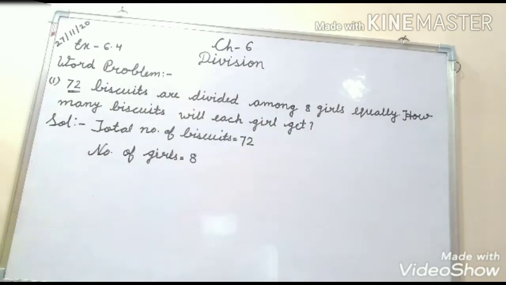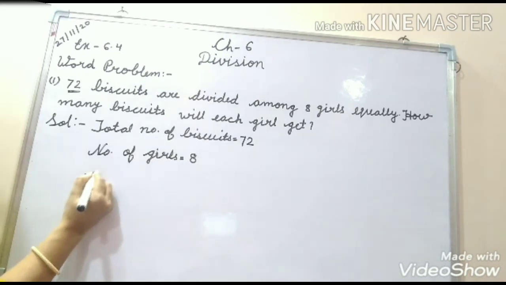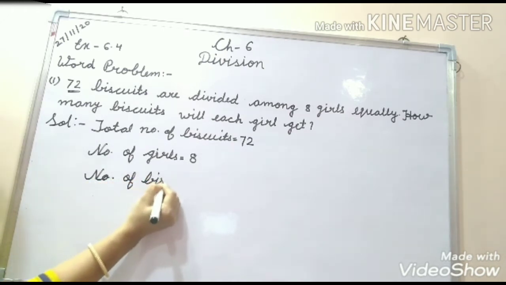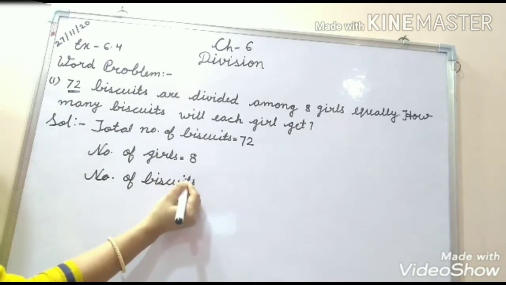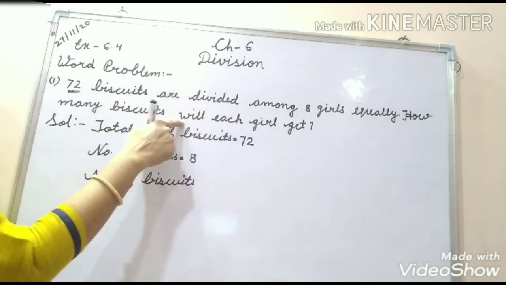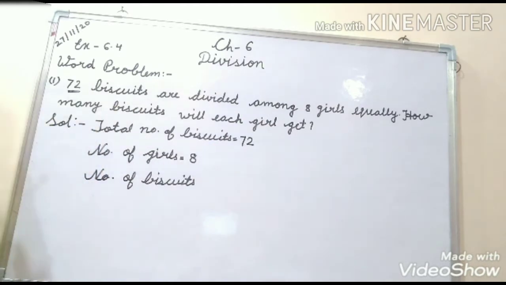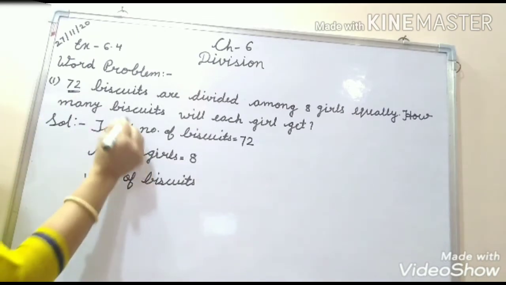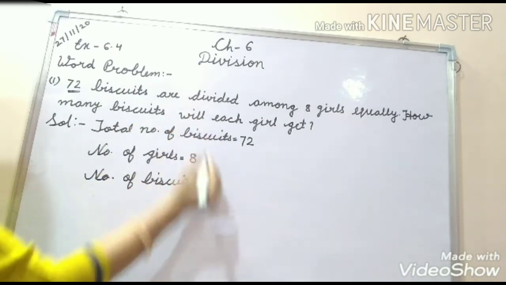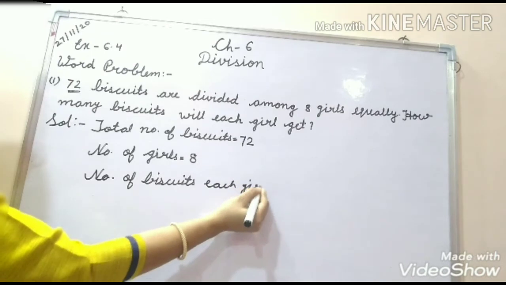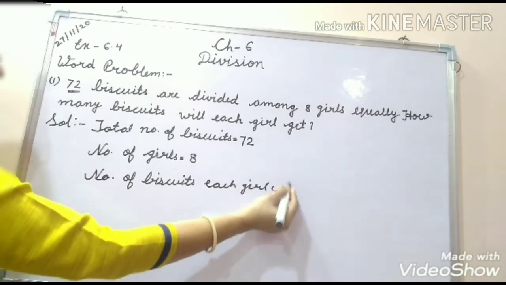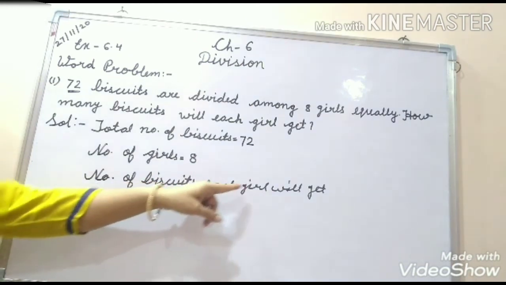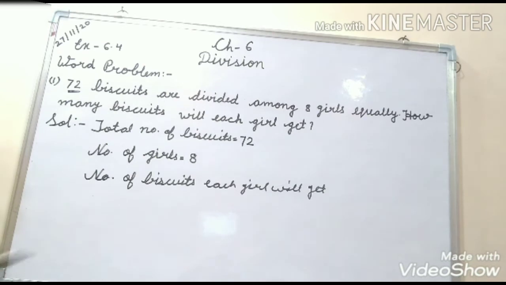So in place of how many, you will write number of, and after that you will write number of biscuits each girl will get.